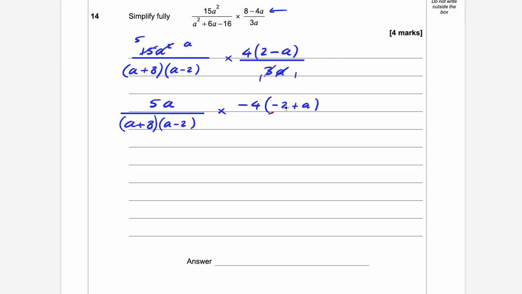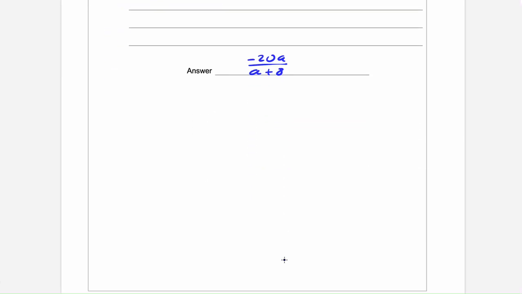This is a good thing. Minus 2 plus A and A minus 2 are the same thing, so they cancel. And we're left with 5A times negative 4, which is negative 20A over A plus 8. So this is minus 20A over A plus 8. Okay, that is 14.